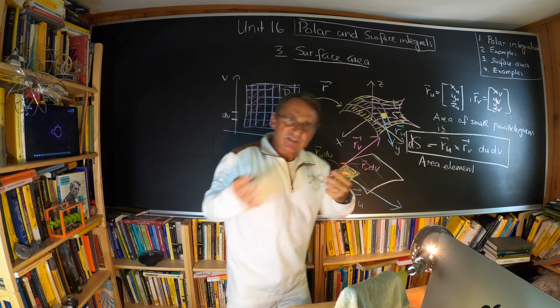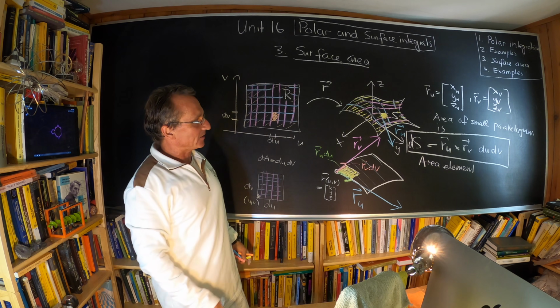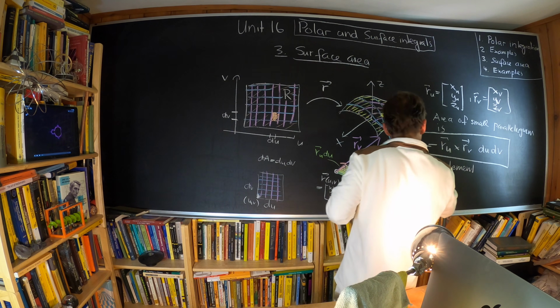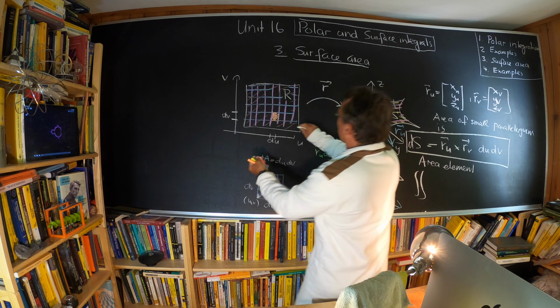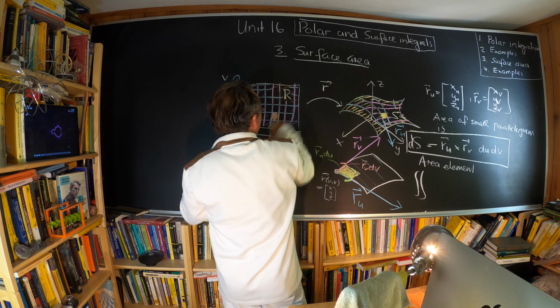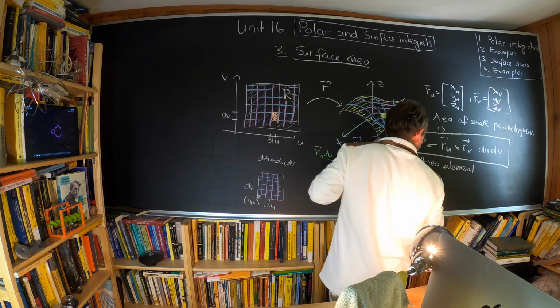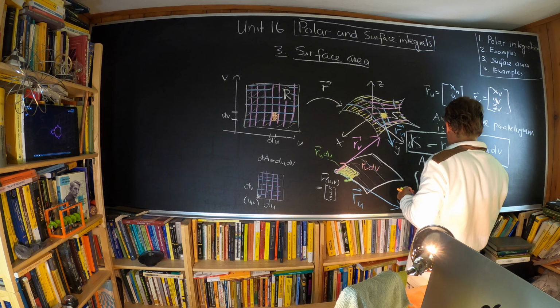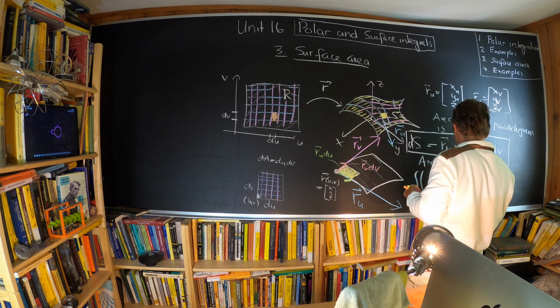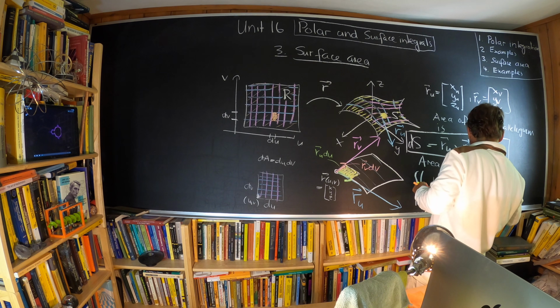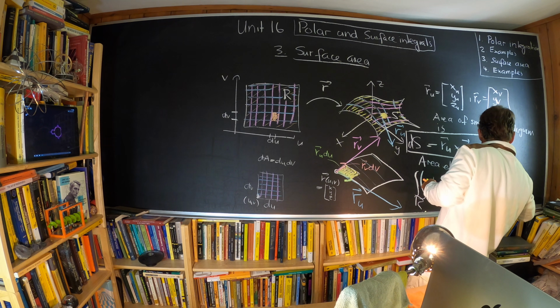Now when we integrate, we sum up little pieces of area elements. And so what we do is we integrate over that whole region R in the uv plane the length of r_u cross r_v. So that's the surface area.